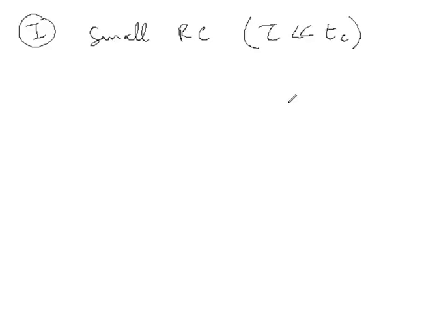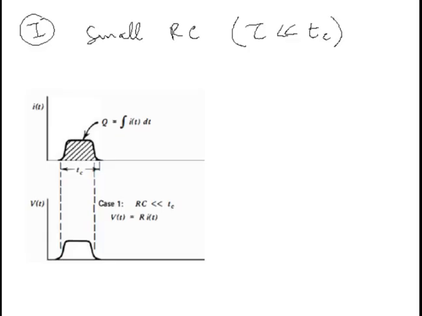Now, in this extreme, the time constant of the external circuit is kept small compared with the charge collection time. On your screen here, this is the assumed current output, this one.